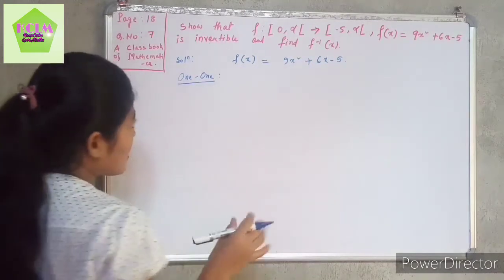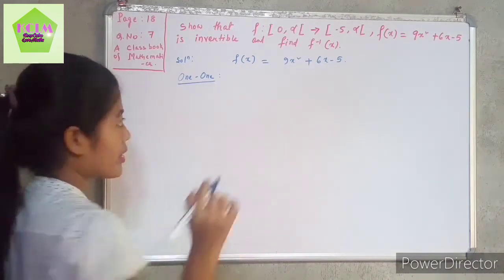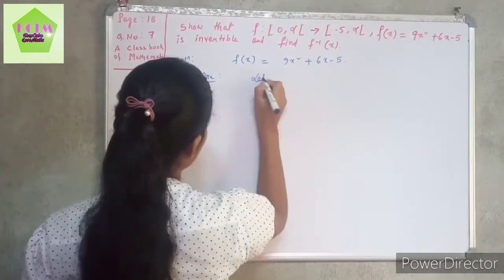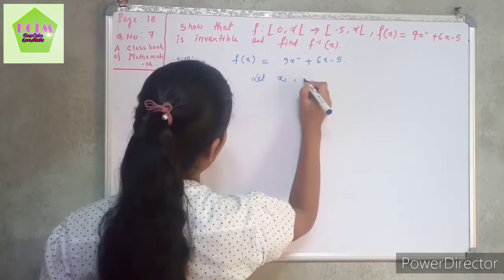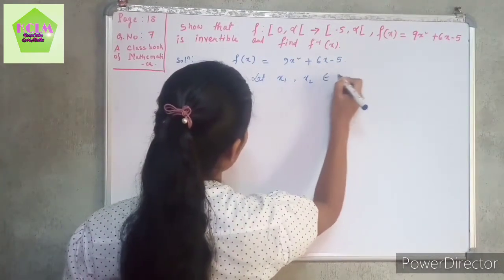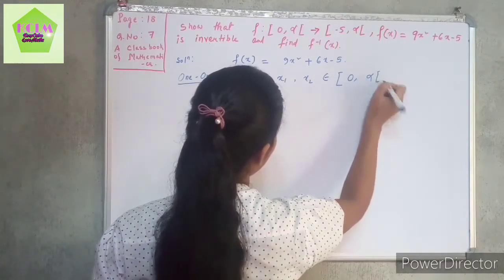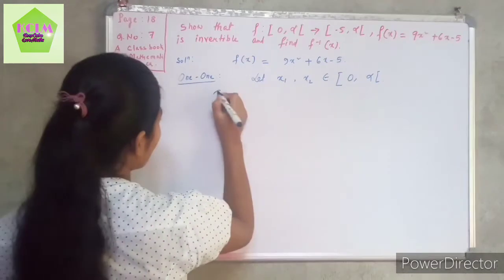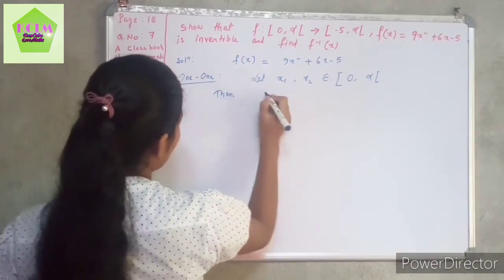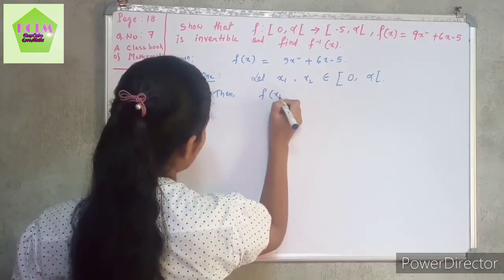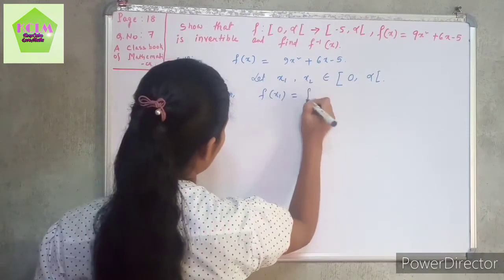So to show that a function is one-one, first of all, let us take two elements in the domain. Let x1 and x2 belong to the closed-open interval 0 to infinity. Then we take f of x1 equal f of x2.